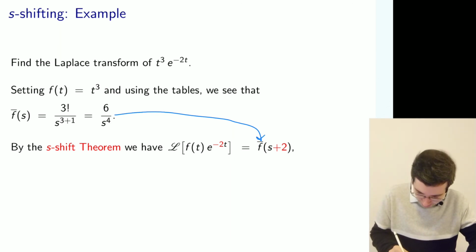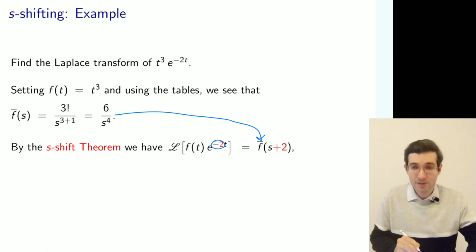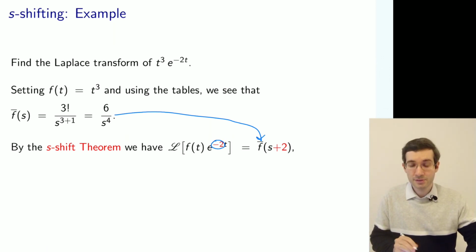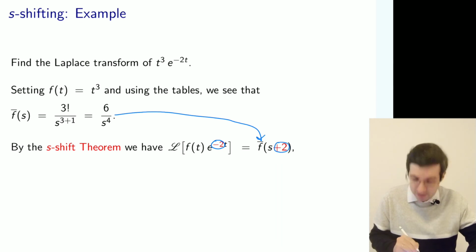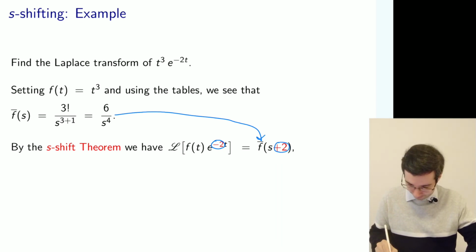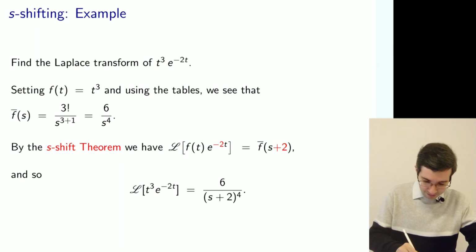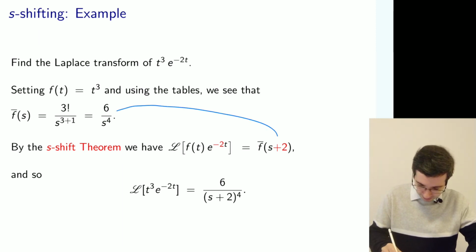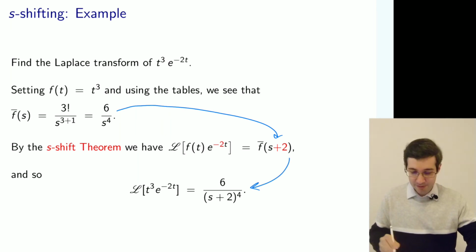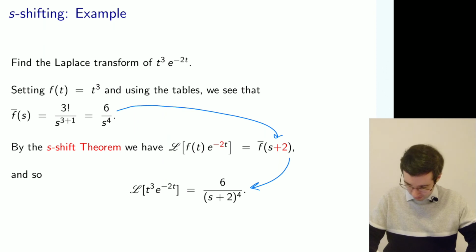Again, pay attention that because you have minus power in the exponential, you have plus shift in the Laplace transform. So the answer is, by just applying this here, you get that. So it's 6 over (s plus 2) to the power of 4.